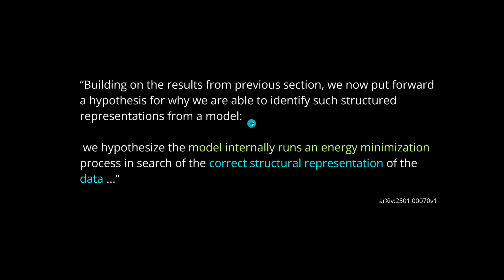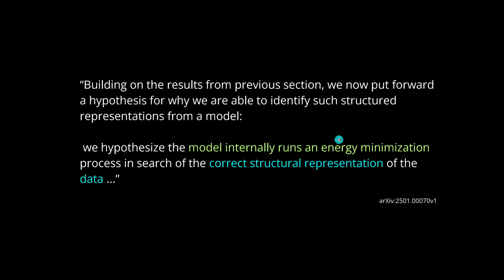I showed you the ring, the hexagon, or maybe the grid representation in the last video. And Harvard tells us, we now say that the model, our LLM with the in-context learning, internally runs an energy minimization process in search of the correct structural representation of the data. And this is mind-blowing.